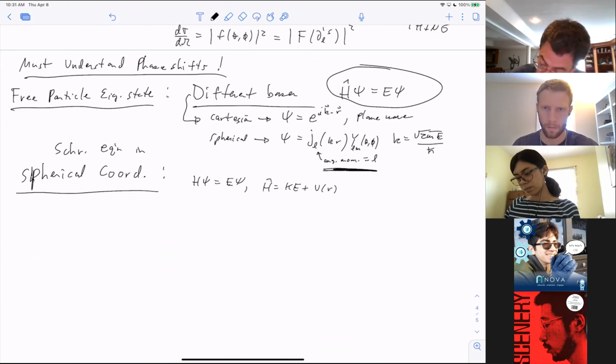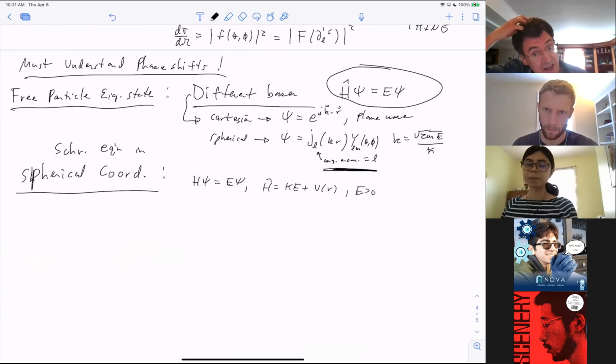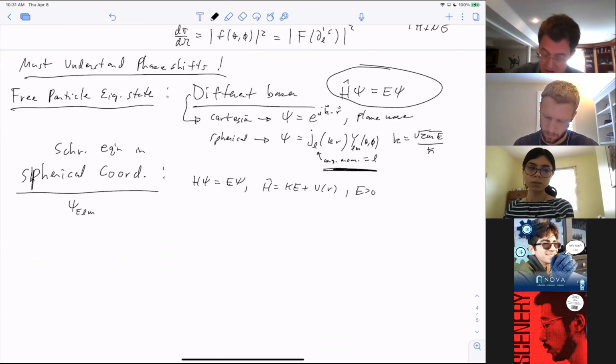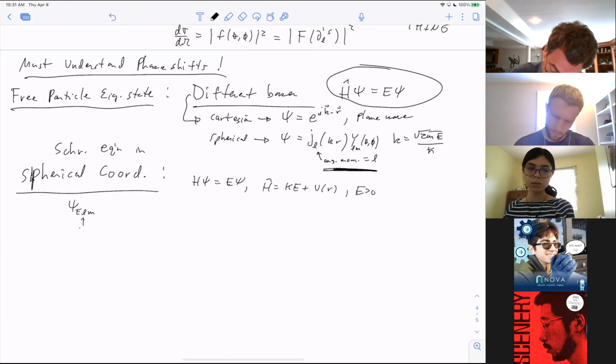When E is greater than 0 and you solve that, as you did last semester, the eigenstate has quantum numbers: energy, then L, the angular momentum, and then M, the z component of the angular momentum.